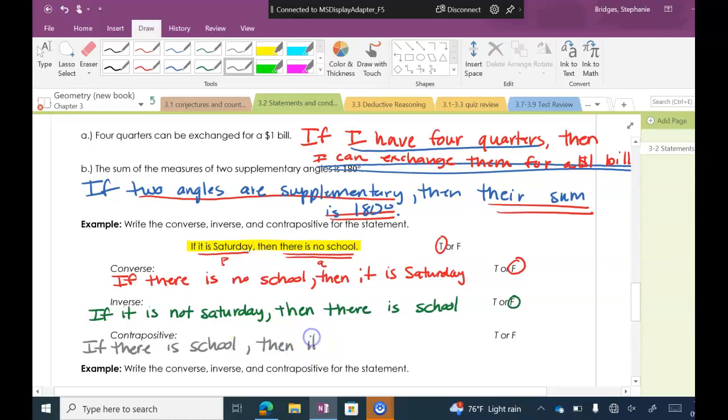That is correct. And would that be true or false? That's true. If there is school, it's not going to be a Saturday, right?